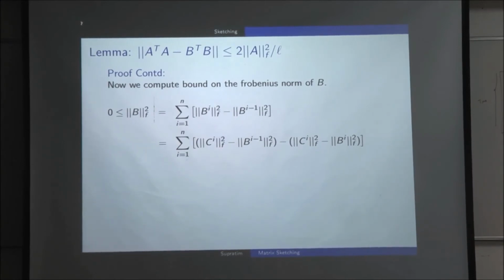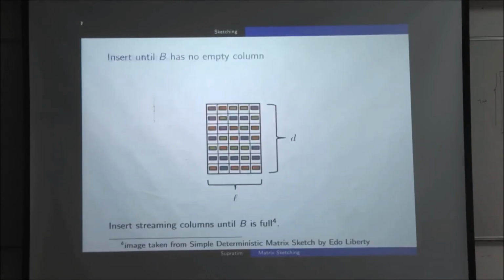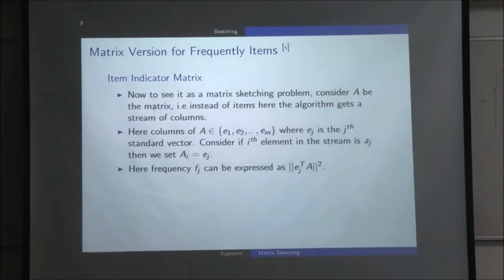Then we get it in a good form: C_i minus B_{i-1}, and the remaining part, C_i minus B_i. Over here C_i was nothing but B_{i-1} plus A_i, if I go back to the algorithm.